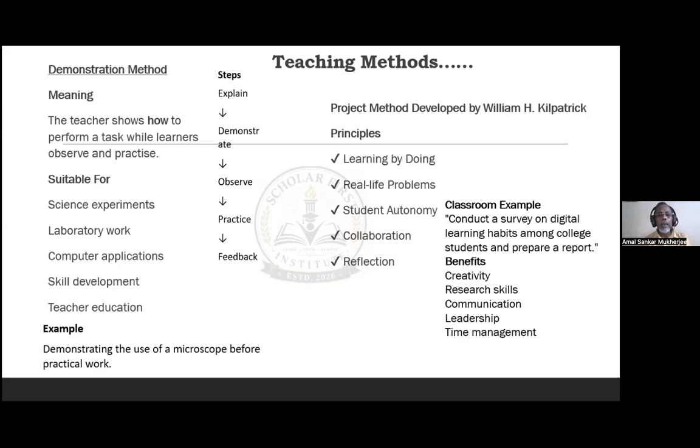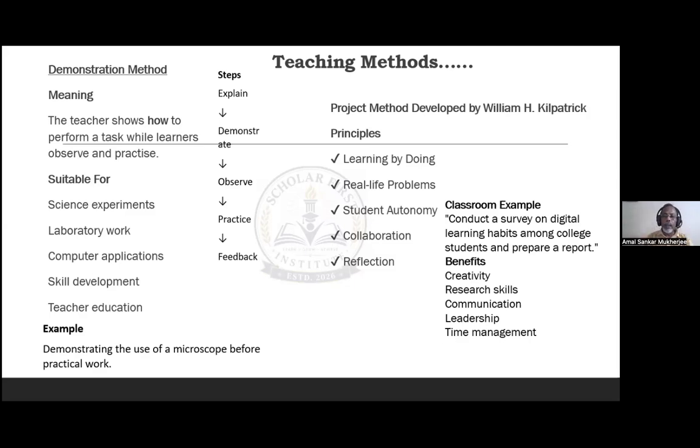If we are giving this type of explanation in the classroom, that means if you are asking the students, demonstrating the use of a microscope before practical work, that means we are not moving directly to the laboratory.